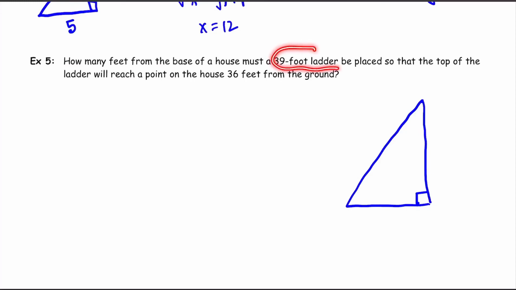So the ladder's 39 feet. There's your ladder leaning up against the house. That's 39. The top of the ladder will reach a point on the house 36 feet from the ground. So on the house, 36 feet from the ground. This is the house. So on the house, 36 feet up. That's going to be this side.